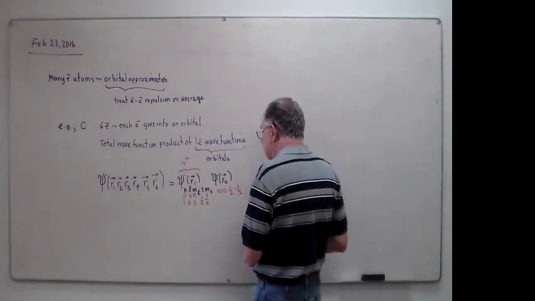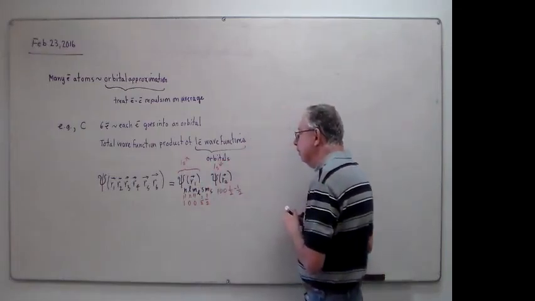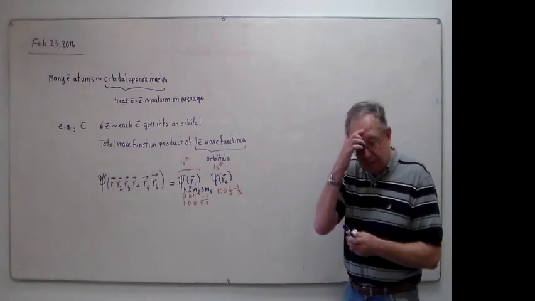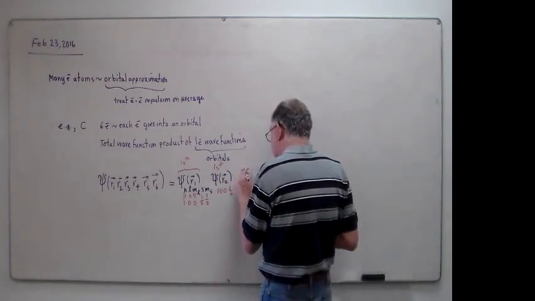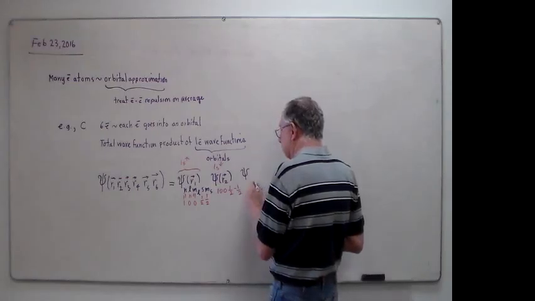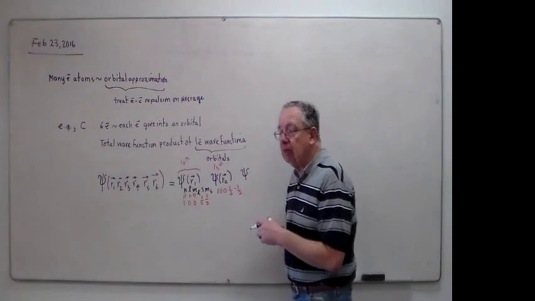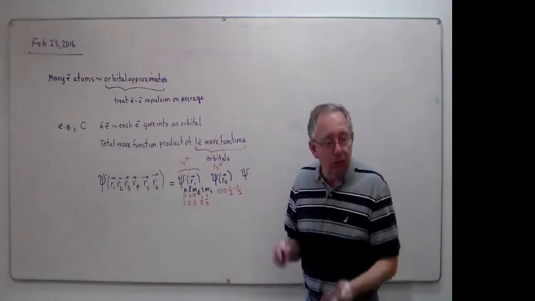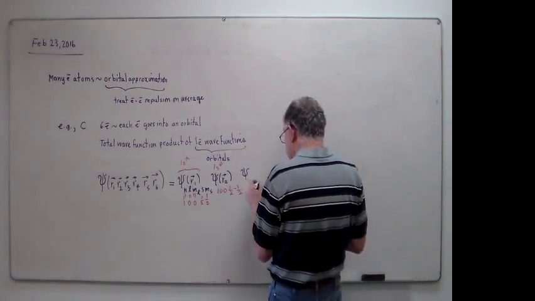And this gives us 1s down. Okay. And then what's the next thing we write in electron configuration? Well, isn't it the 2s? 1s, 2s, and then 2p.